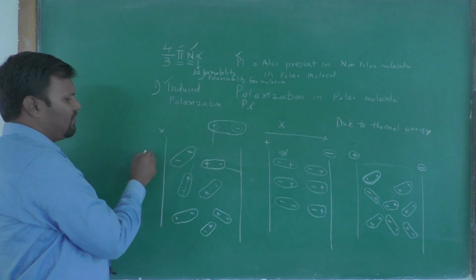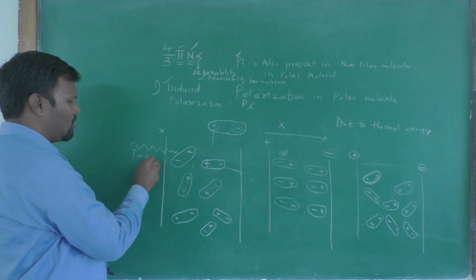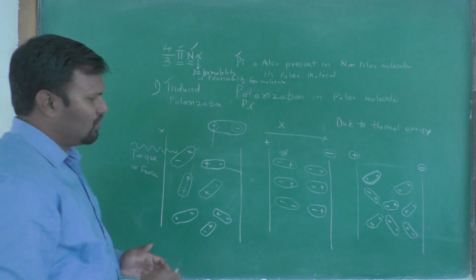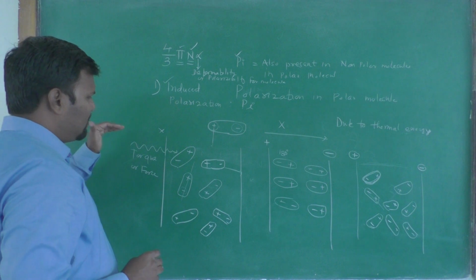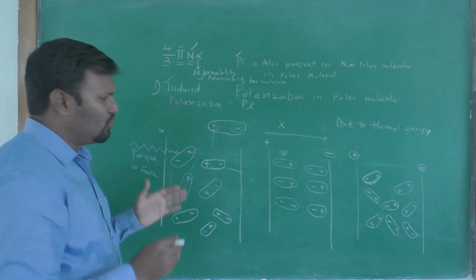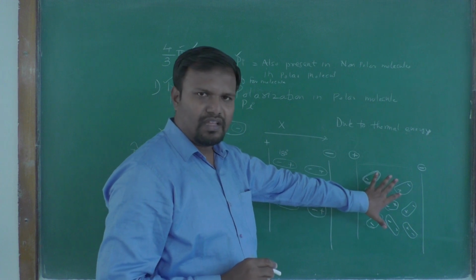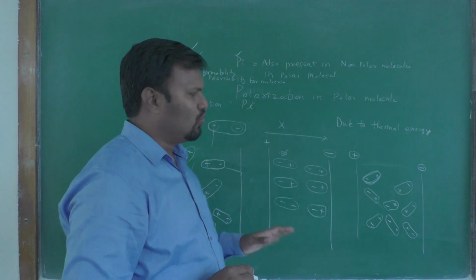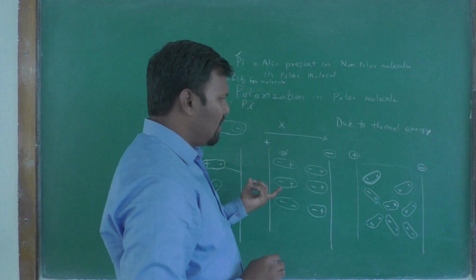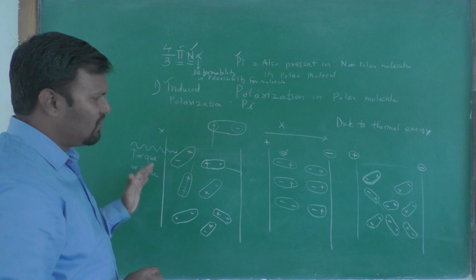But when you apply the electric field, it applies a torque or force to this dipole to orient it along the electric field. But due to thermal agitation, meaning it has some temperature, the molecules vibrate. Such a situation only happens when a permanent dipole moment is present in a molecule.